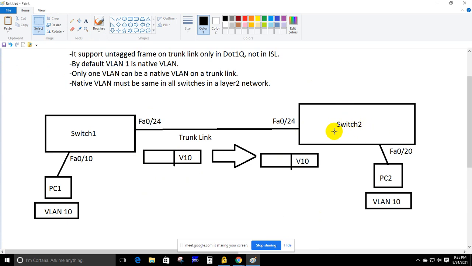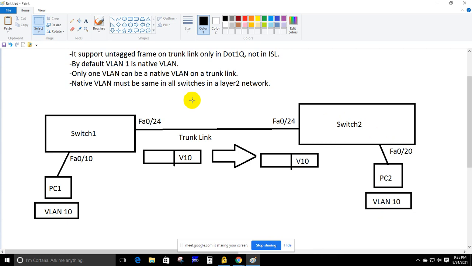Switch 2 verifies the destination MAC, that is PC2, and the port on which PC2 is connected, F0/20, from its MAC address table. Switch 2 knows F0/20 is a member of VLAN 10.